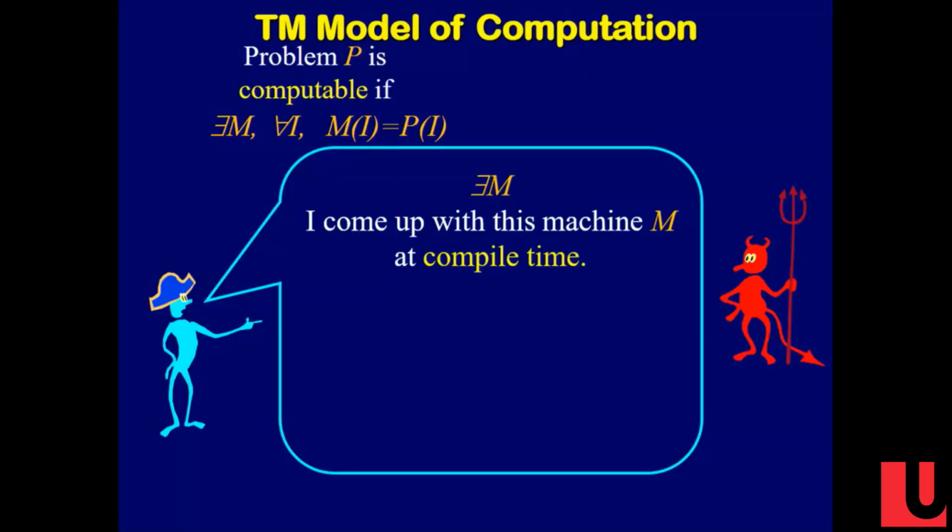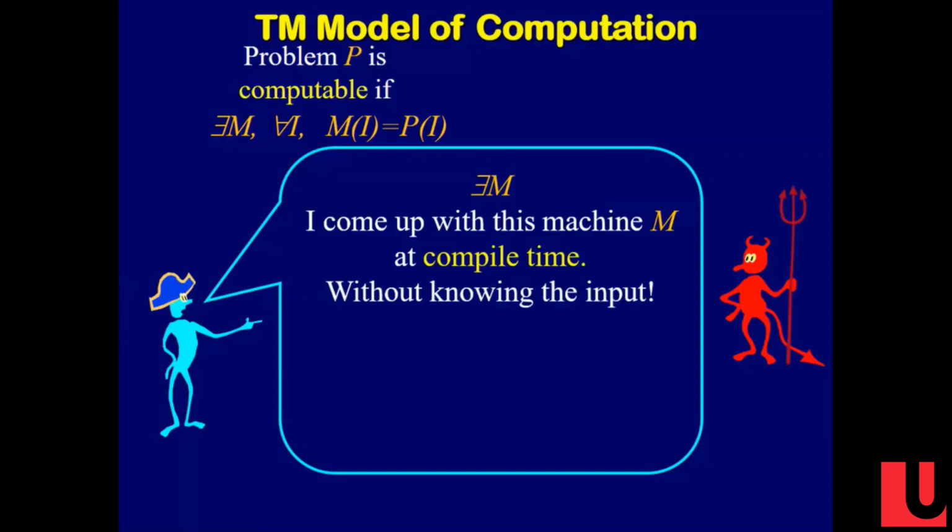This is reminding us about compile time versus runtime. Turing machines are going to have some things that are fixed at compile time and some things that are fixed at runtime. Remember, compile time is what you know before you have the input, versus runtime, when you have the input. So it says there exists a Turing machine. What do we know at compile time?